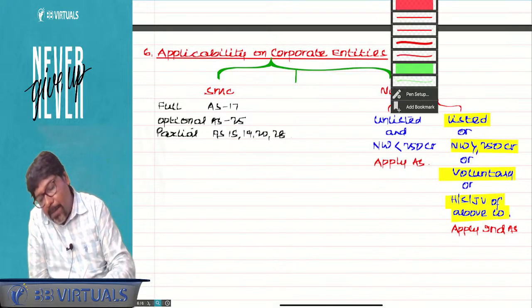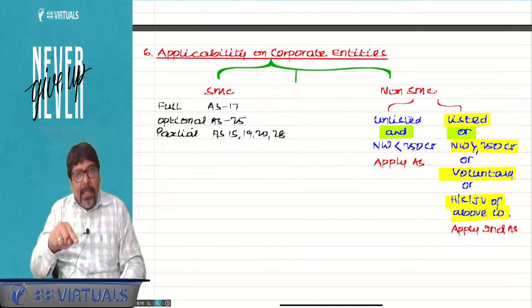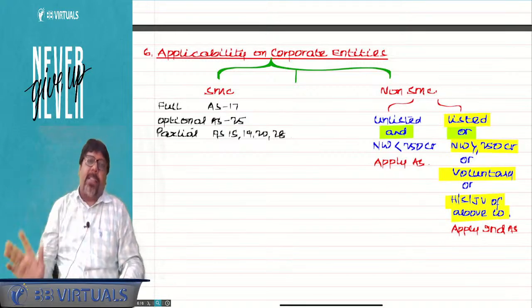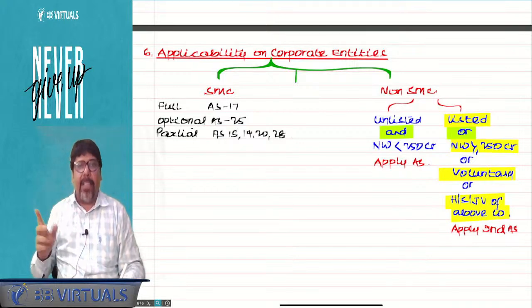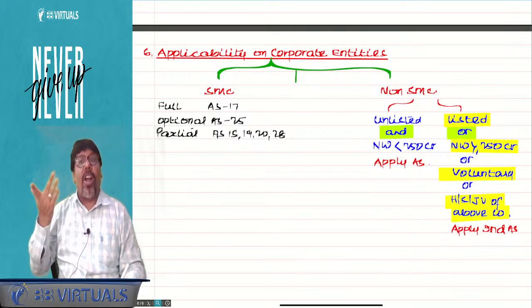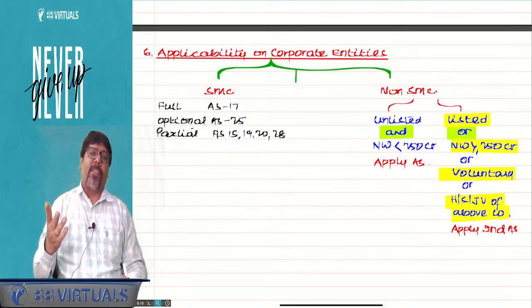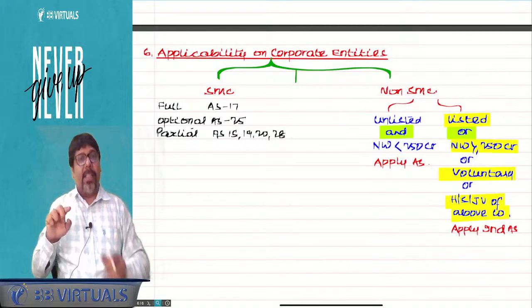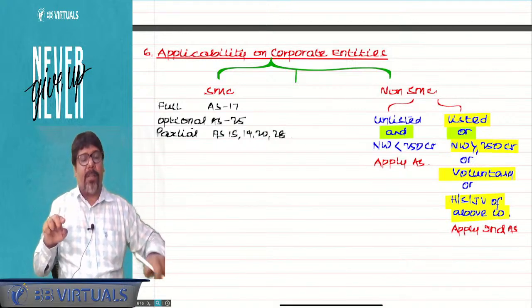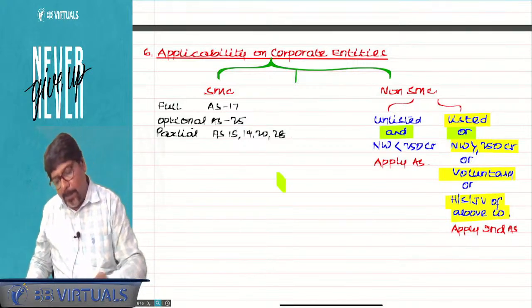Now, remember one more thing. This is 'and' and this is 'or'. You should be unlisted and net worth should be less than 250 crores to apply AS. And for Ind AS, you should be listed or your net worth is greater than 250 crores. So if your net worth is greater than 250 crores, even if you are unlisted, apply Ind AS.